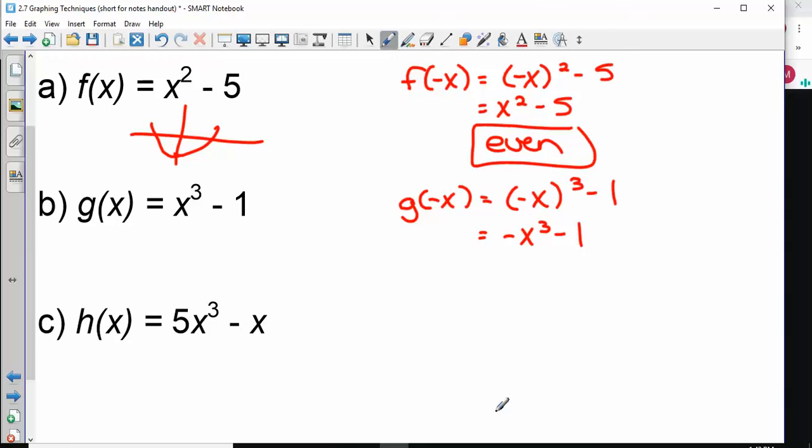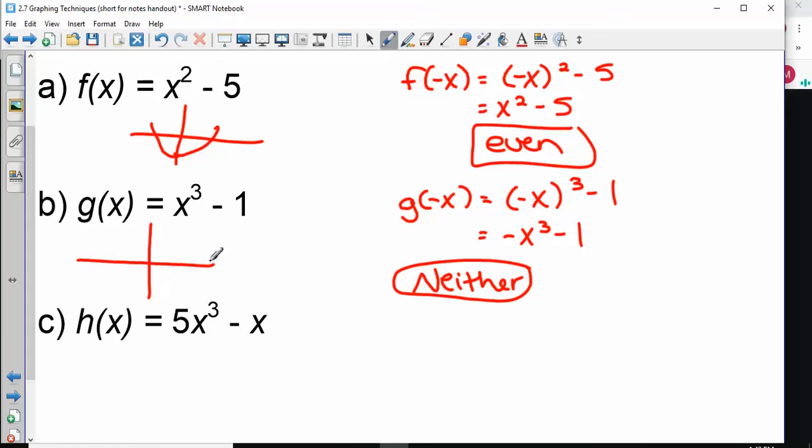Is this the same as multiplying the original by -1? No, it would have to be a negative x cubed plus 1 for that to work. So what does that mean this one is? Neither. If you think about the graph, this is just x cubed shifted down 1. And so we can see it doesn't have the symmetry.